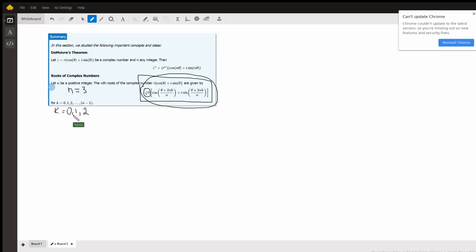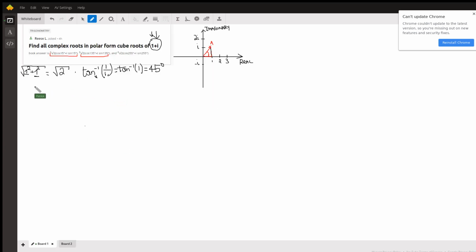Because you have 3 different solutions, k equals 0, k equals 1, k equals 2, since it's 3 minus 1, we have to run this formula through 3 iterations. I'll do the first 2 and then leave you to do the last one.